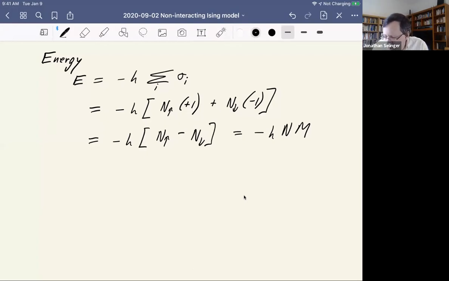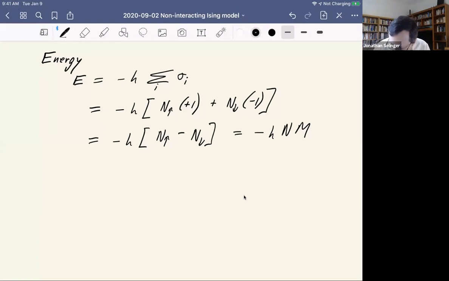So now I know the energy associated with the magnetic order parameter m. I also know the entropy associated with m.